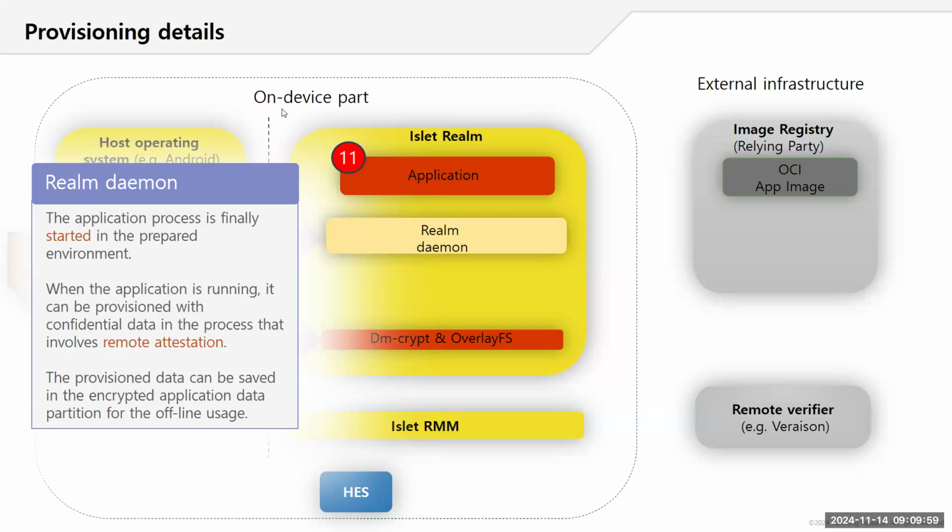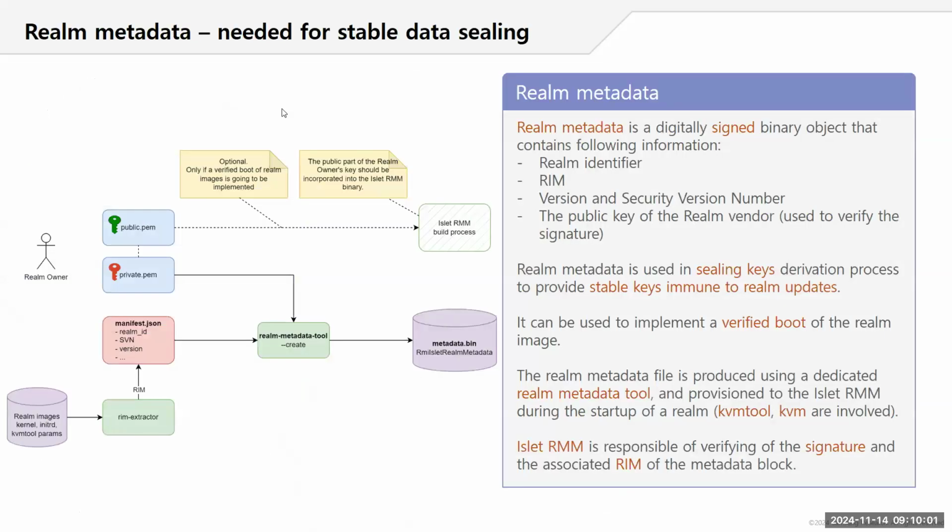Okay. So the next points will be about our custom extensions that we had to implement for our realm management monitor. So the first one is the realm metadata mechanism. This is basically a cryptographically signed structure that provides identity, authority, and versioning information about a particular realm.